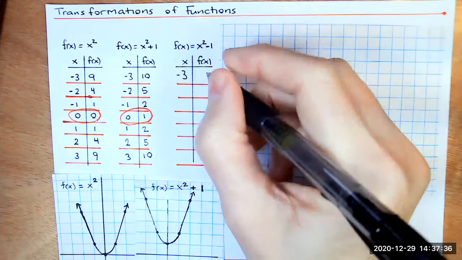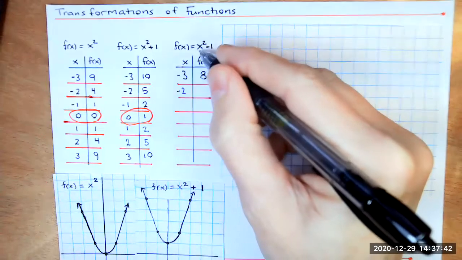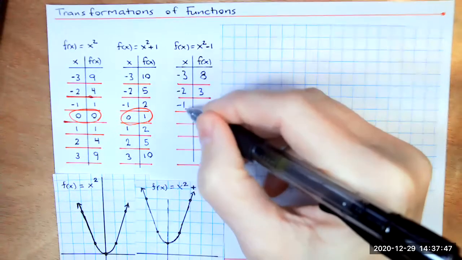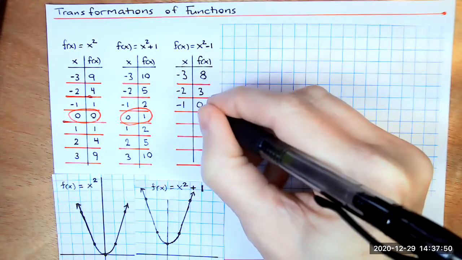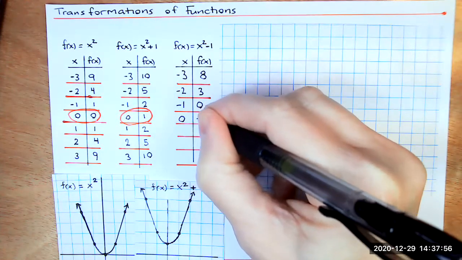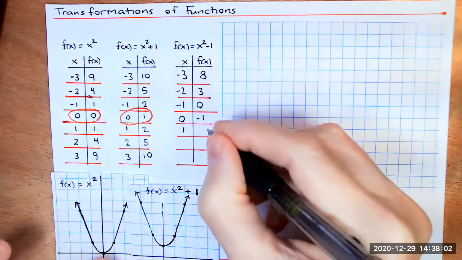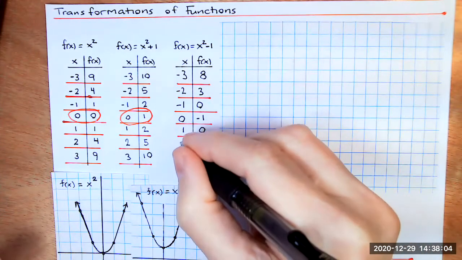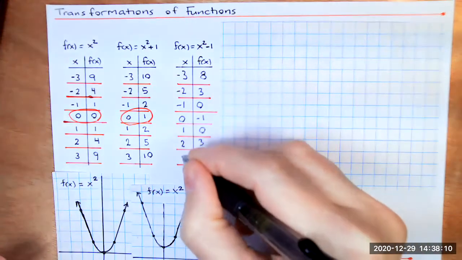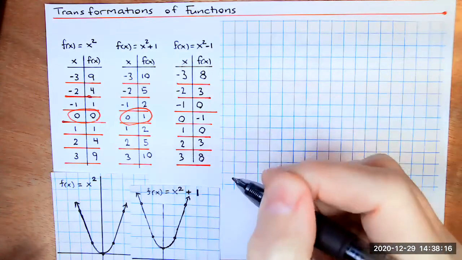So -3 squared is 9, minus 1 makes 8. -2 squared is 4, minus 1 makes 3. -1 squared is 1, minus 1 makes 0. 0 squared is 0, minus 1. 1 squared is 1, minus 1 makes 0. 2 squared is 4, minus 1 gives us 3. 3 squared is 9, minus 1 makes 8.